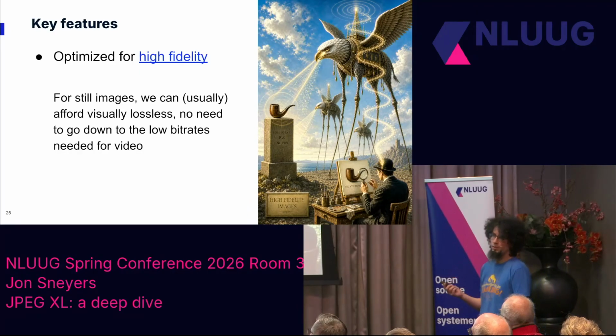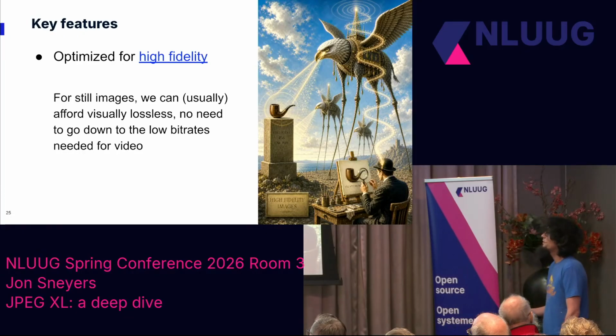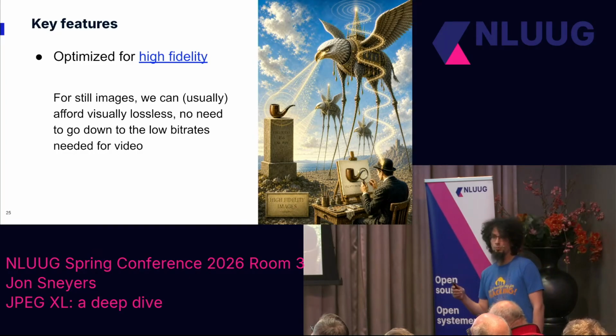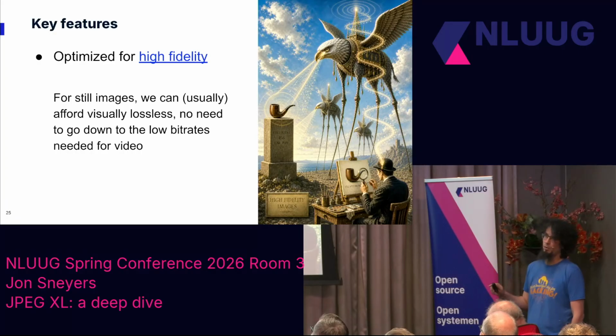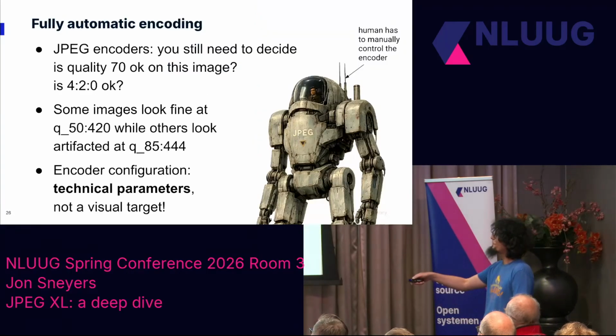This is a difference with video codecs, where you do need to go to lower bit rates, to stronger compression ratios, just because otherwise it would be a problem for bandwidth. But for still images, we can afford to go to visually lossless, and the codec should be optimized to have the best performance in that region, not in the region of very low quality. So that's what everything was designed for.